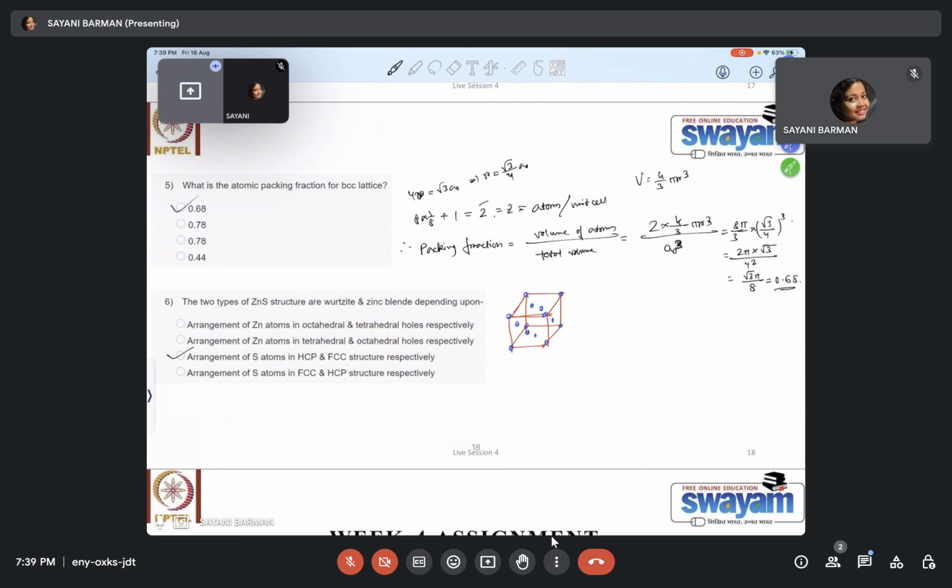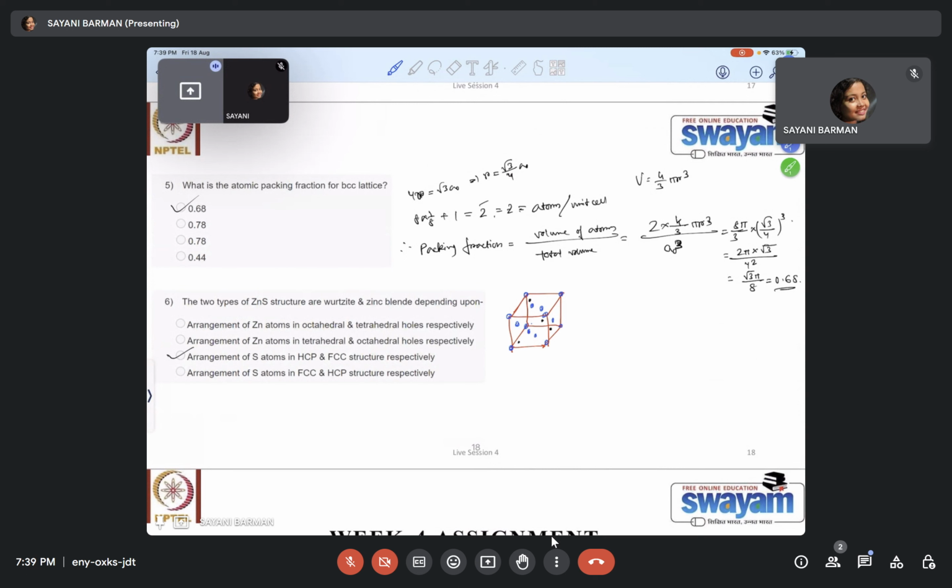I hope you know how the tetrahedral holes are generated. So the opposite tetrahedral holes here, and then here and here. It is like this. So this is the structure.